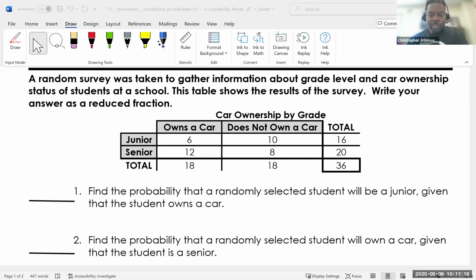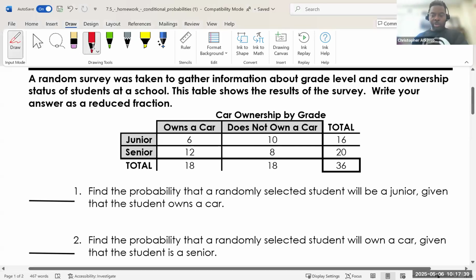All right. So with respect to conditional probability, we've already determined our totals based on the information that has been provided as far as people owning a car and people who do not own a car. We see it was a total of 36 students. When we do this, we see the given.